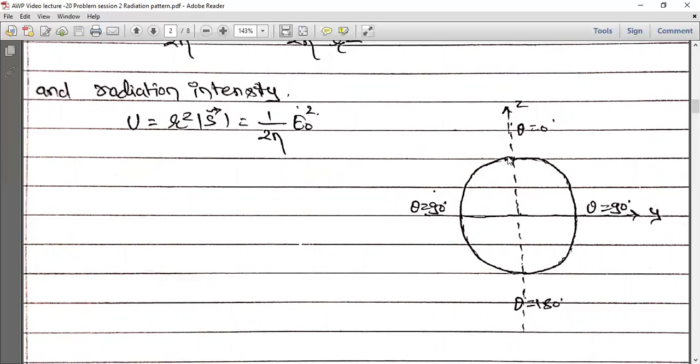Okay, so if you want to think of this radiation pattern in the YZ plane or in 3 dimensions, what do you think? How will this radiation pattern be in three dimensions?